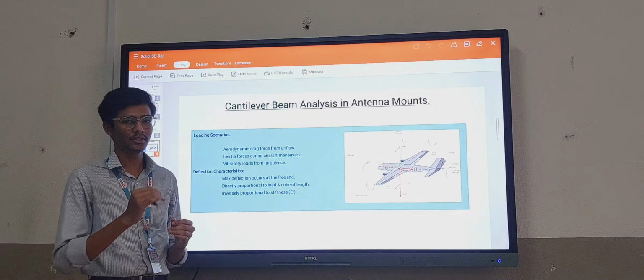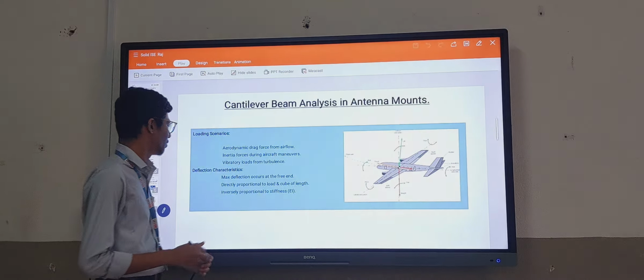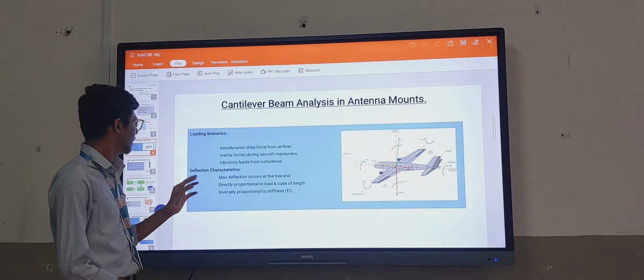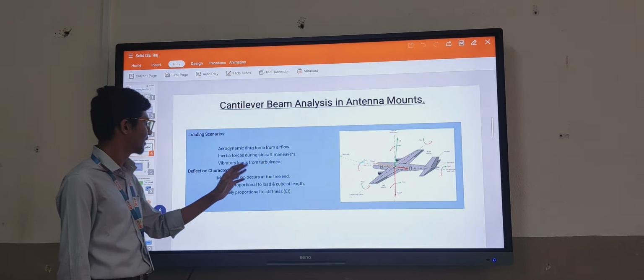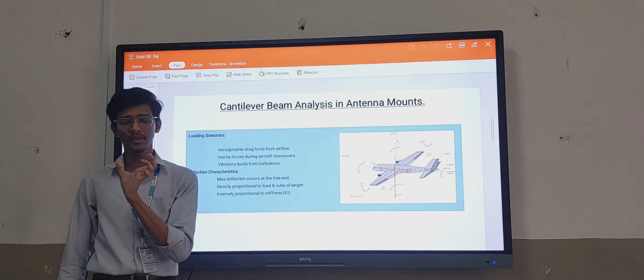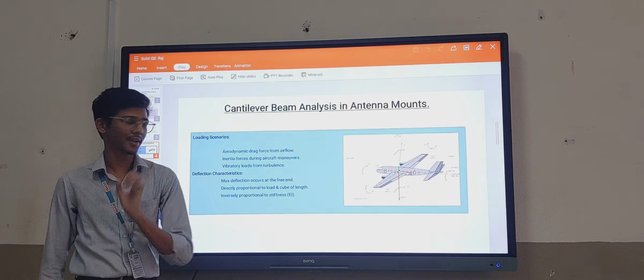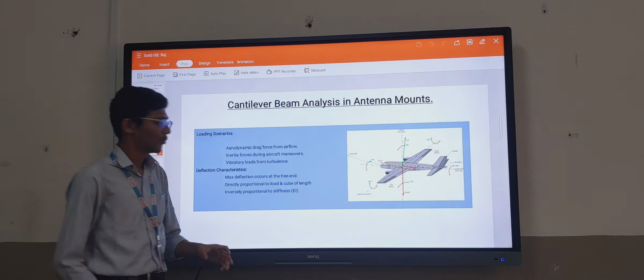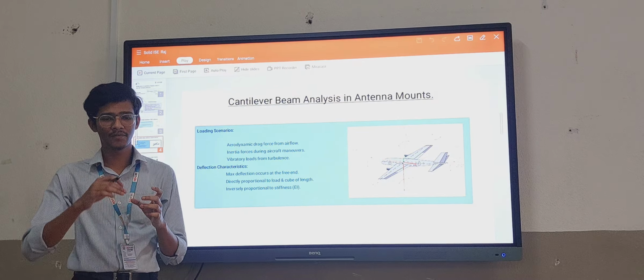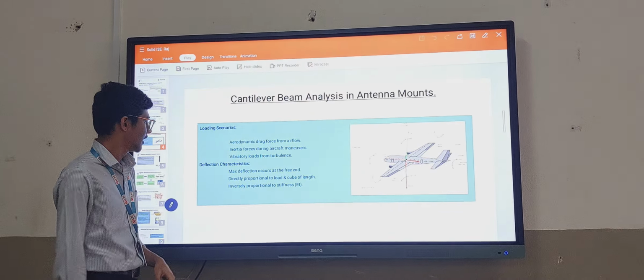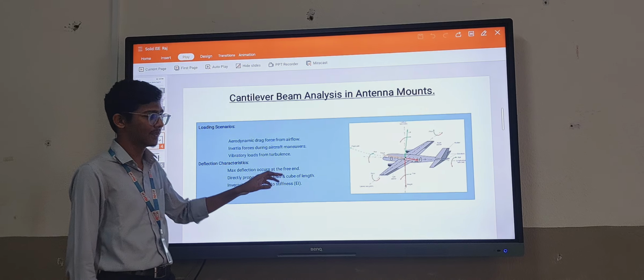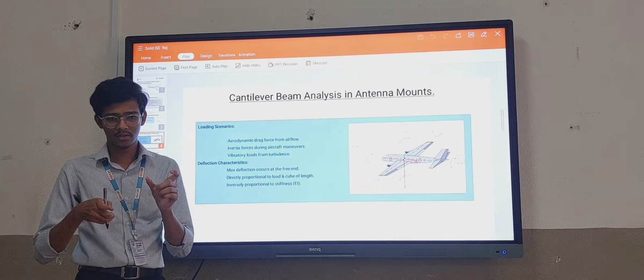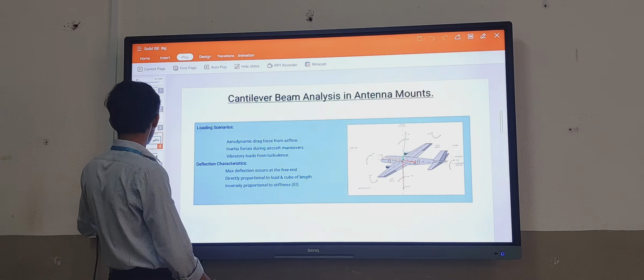The antenna absorbs vibrations and drag force, so it bends on one side, and maximum deflection occurs at the free end. It is directly proportional to load and length. When the load is maximum, the deflection is also maximum, and when the stiffness is maximum, the deflection is minimum.